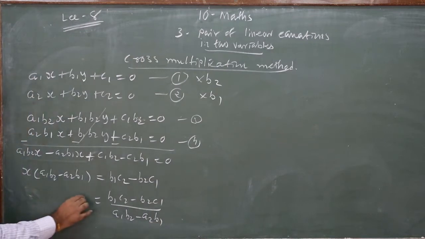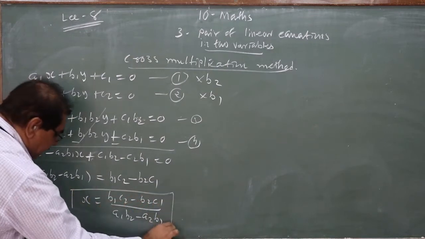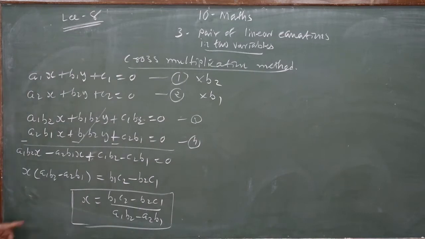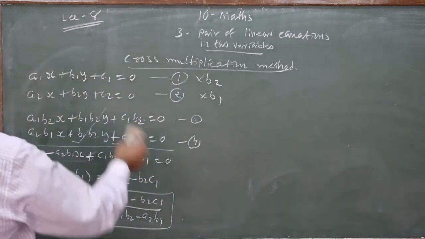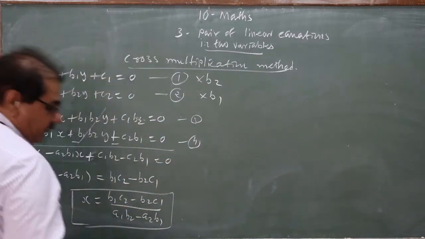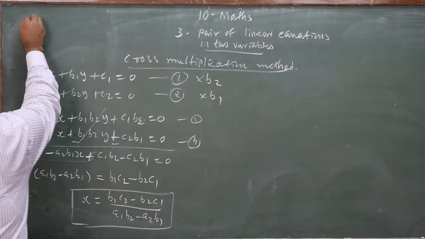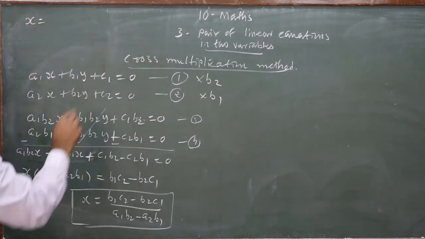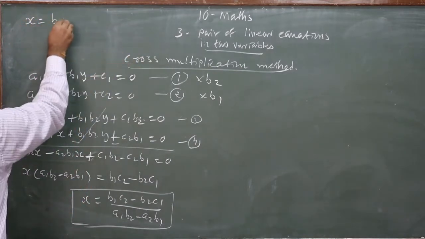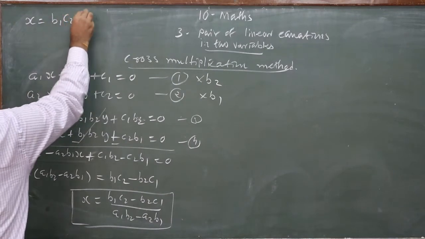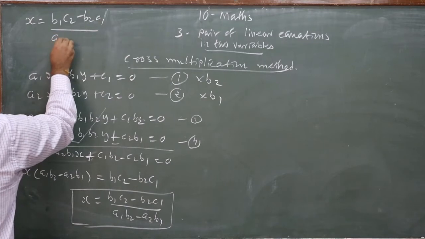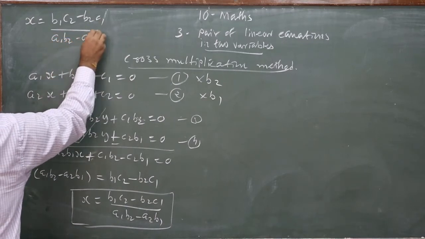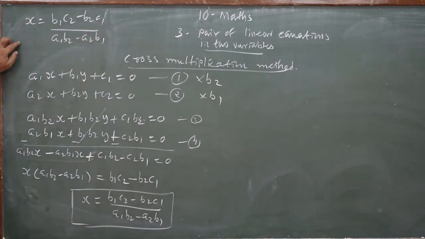This is the formula for getting the value of x. I write it here on the top. For x, please remember and learn this: b1 c2 minus b2 c1 upon a1 b2 minus a2 b1. It is the value for x.